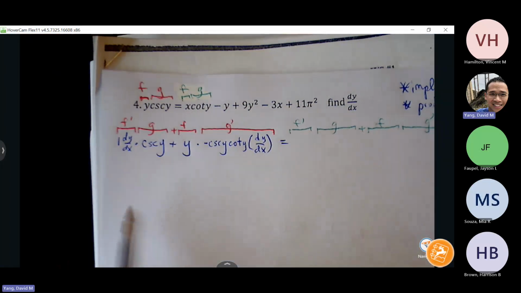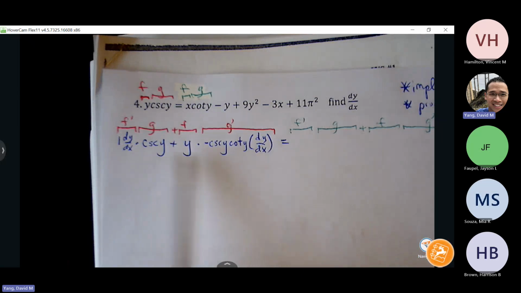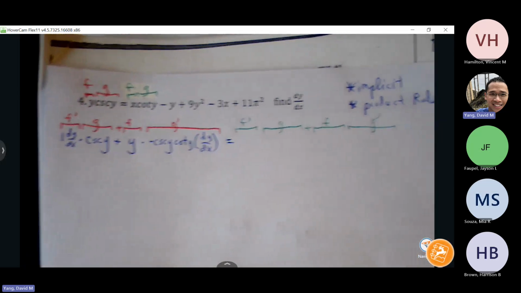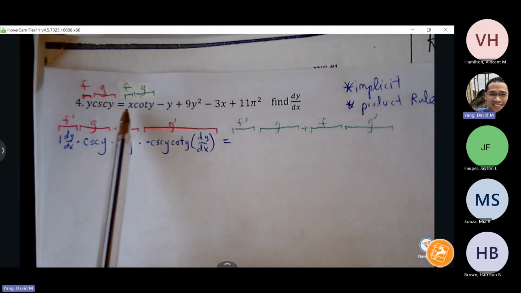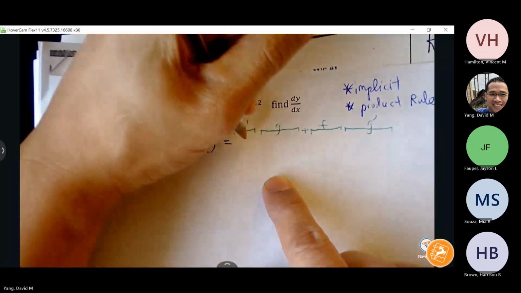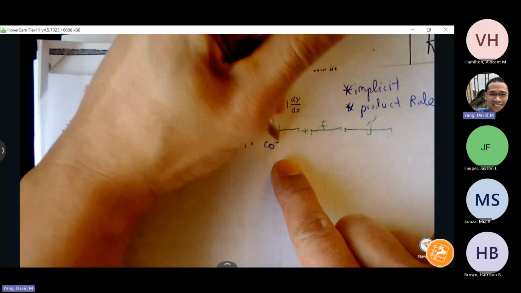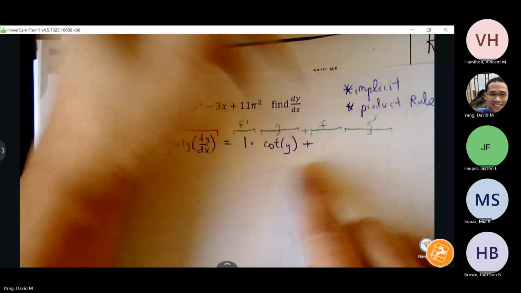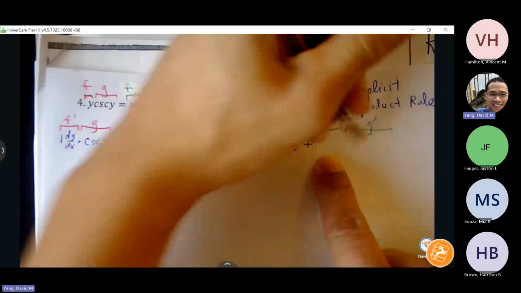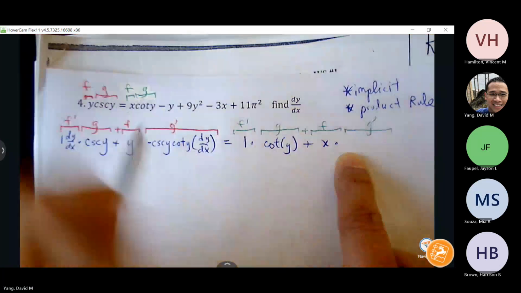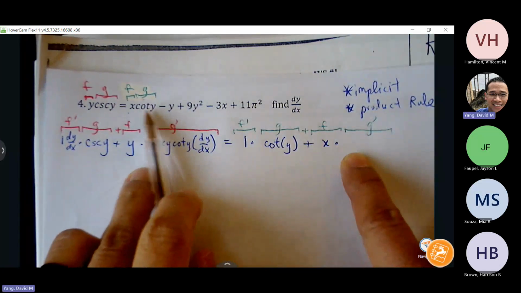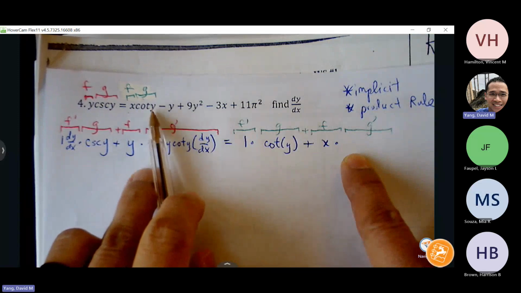All right, everybody okay so far with product rule for the first problem? Okay, now moving on to product rule for the second set here. X becomes 1. G function stays. Back to F. G prime, cotangent u becomes negative cosecant square u times u prime.